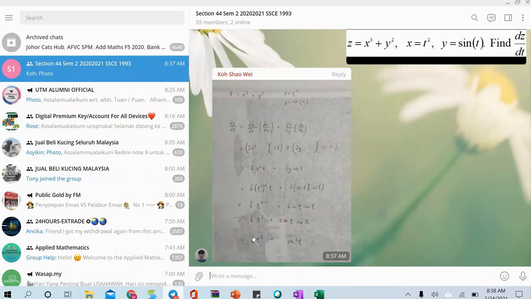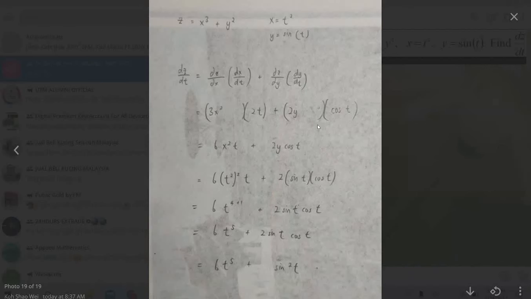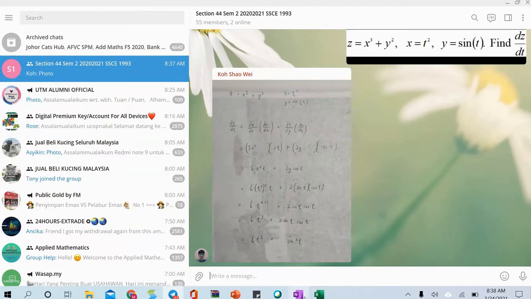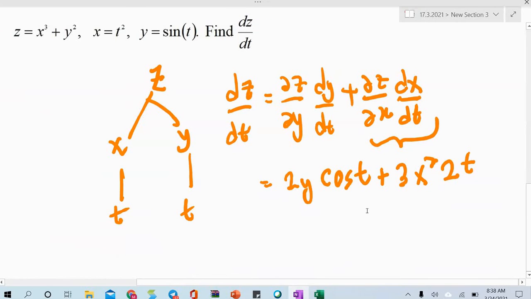Check with your final answer. x squared to t, y cos t. Okay, so that is correct.